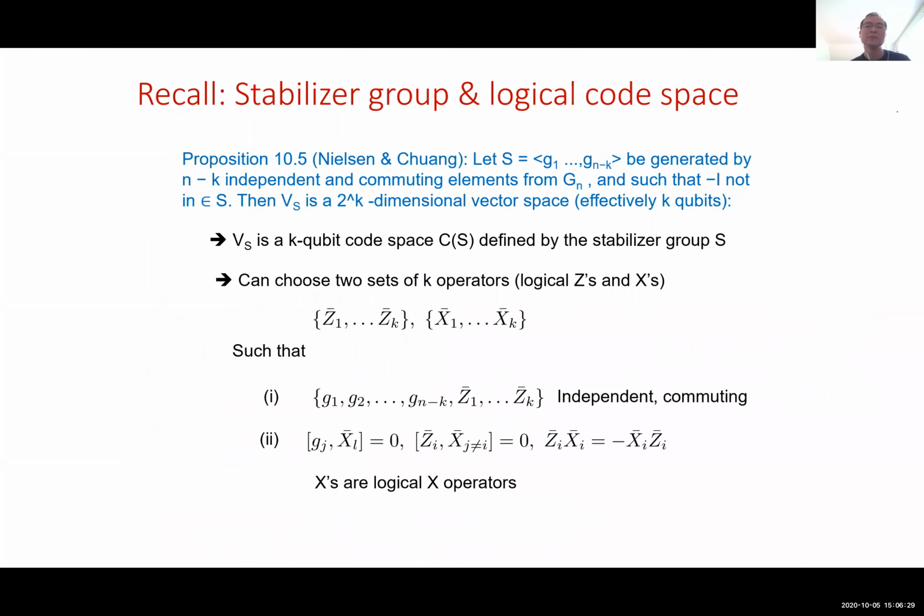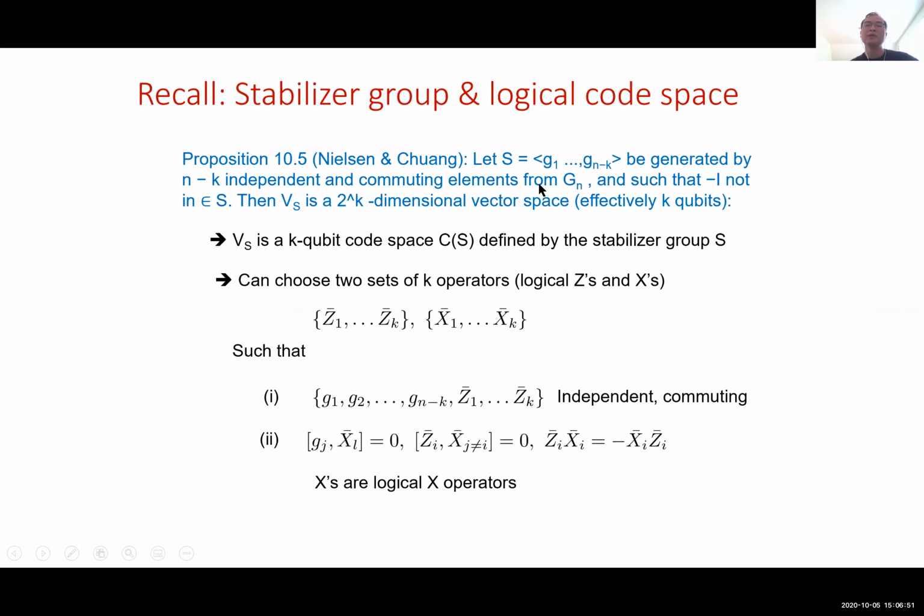Okay. So this is just a reminder. We talk about the stabilizer group and the logical space. Basically what I was saying in the previous two slides: you have a stabilizer group with n minus k generators.